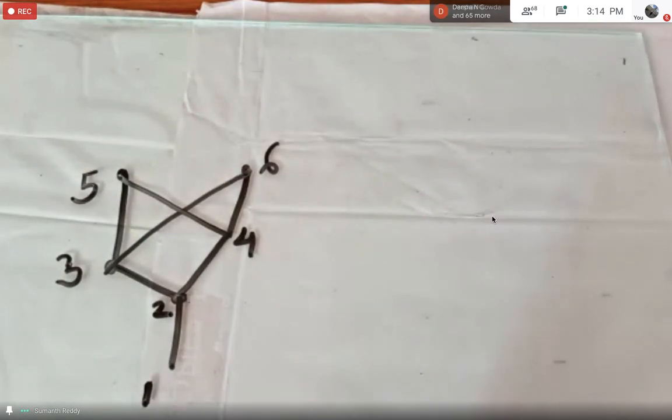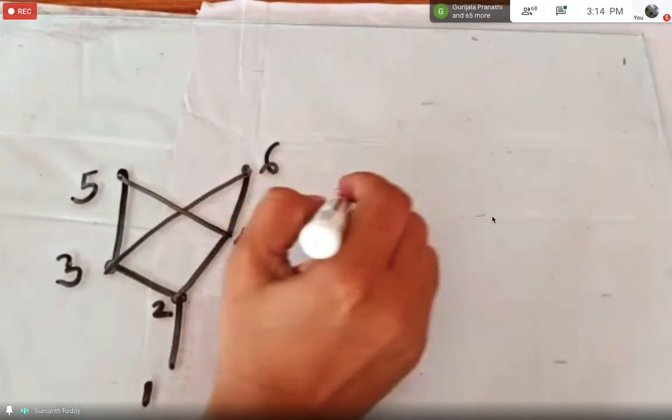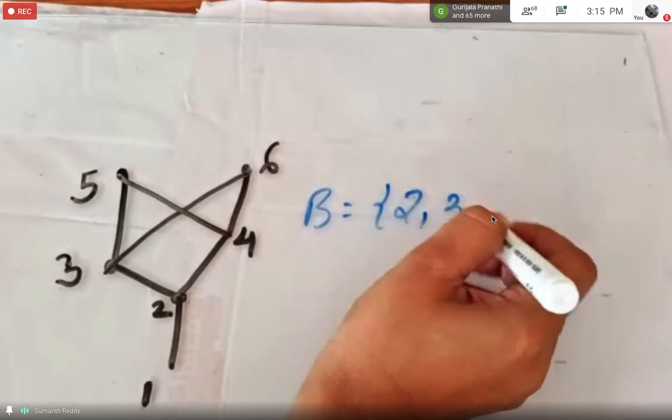Okay. And let me take the subset of the elements. The subset of elements is B, which contains 2, 3, 4.